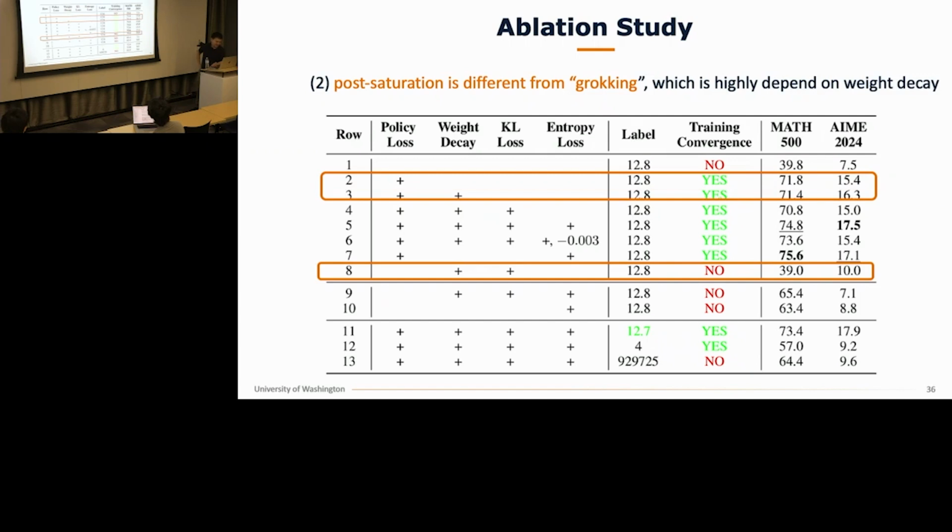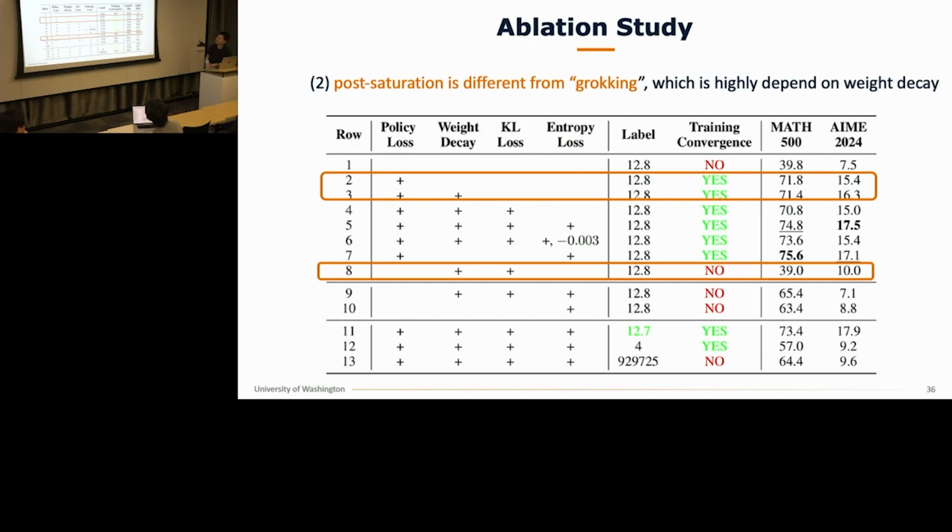Based on these, we would like to argue that this is something different from the Grokking phenomenon, which is also related to implicit regularization, where after you overfit the training data, at some iteration you suddenly get very high accuracy.